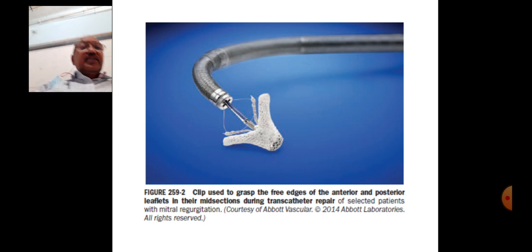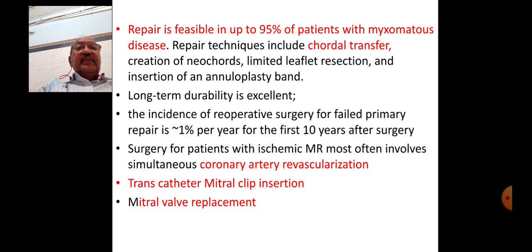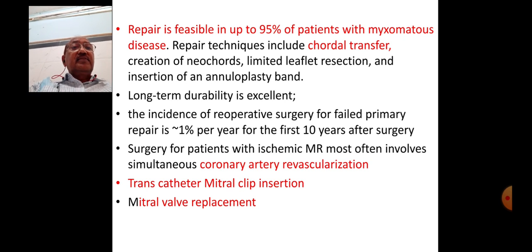Surgery for patients with chronic ischemic MR most often involves a simultaneous coronary artery revascularization, and now it can be done cath based with a transcatheter mitral clip insertion, and if that is not feasible, then repair and replacement.